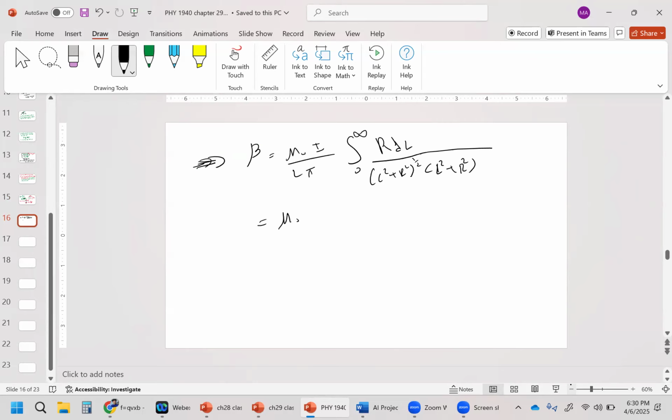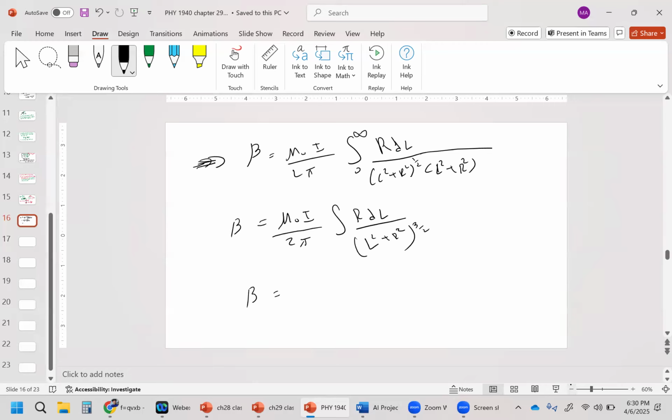And this is going to equal mu naught I over 2 pi for your integration of R dL over L squared plus R squared, to the 3/2 when you add 1/2 plus 1.